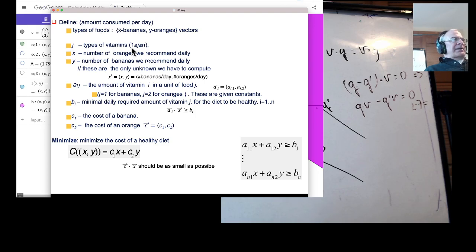I have n types of vitamins. X will be the number of oranges that we recommend daily, y is the number of bananas recommended daily. For every diet, I can assign a vector to it.